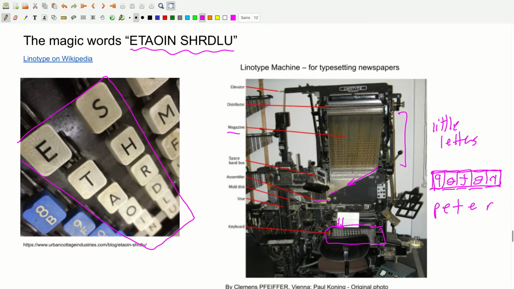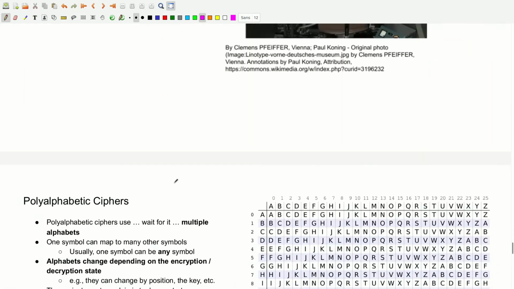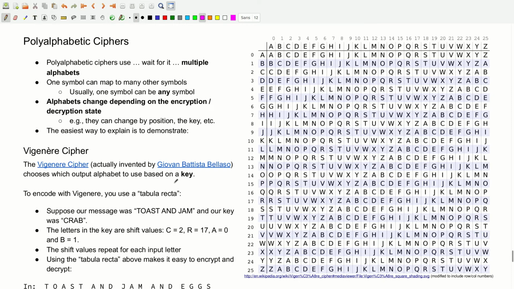This brings us to polyalphabetic ciphers. Okay? So monoalphabetic ciphers, all the things that we talked about so far, have one output alphabet. But a polyalphabetic cipher has, as you might expect, multiple output alphabets. And so what that means is one symbol in the plain text can map to many other symbols in the output.